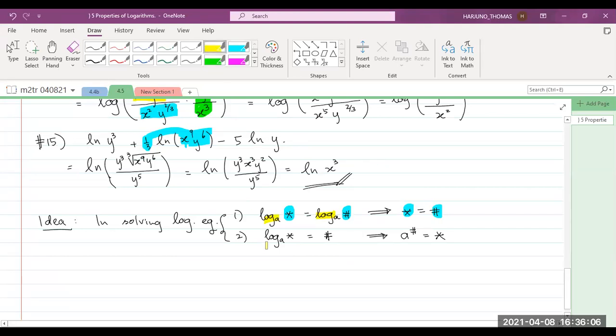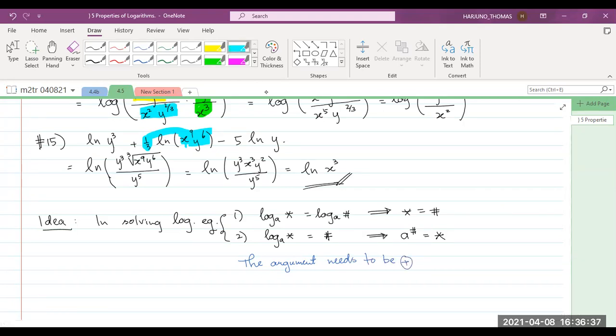If you have log of something equals no log, then you use exponential. With one extra note: remember the argument needs to be positive.